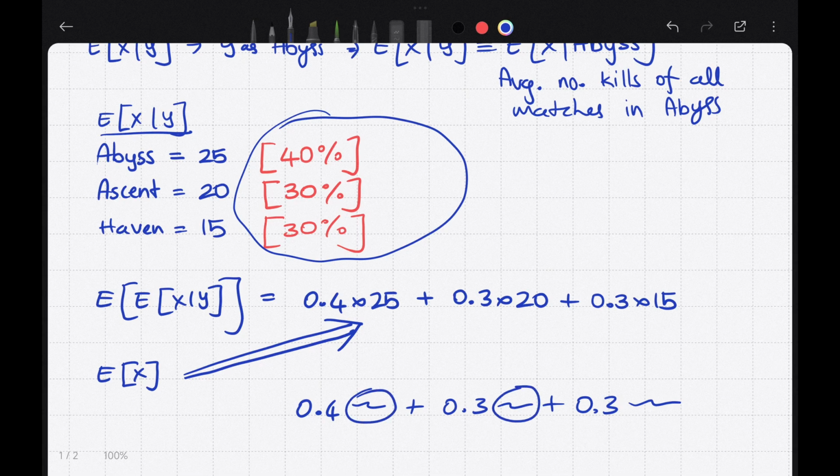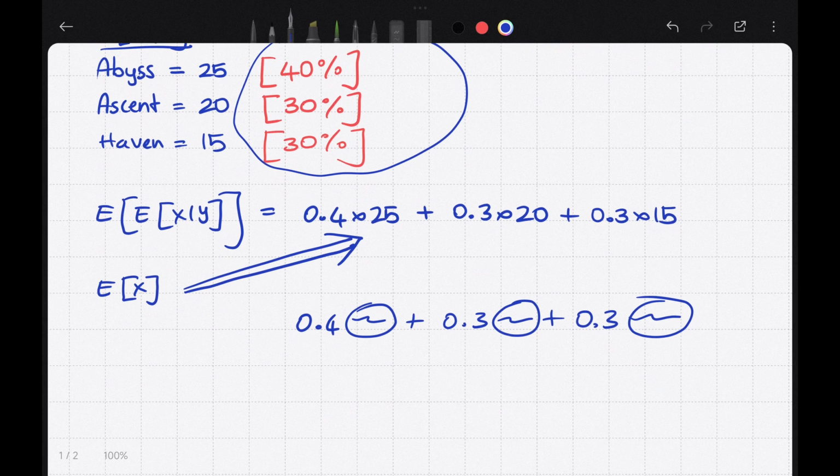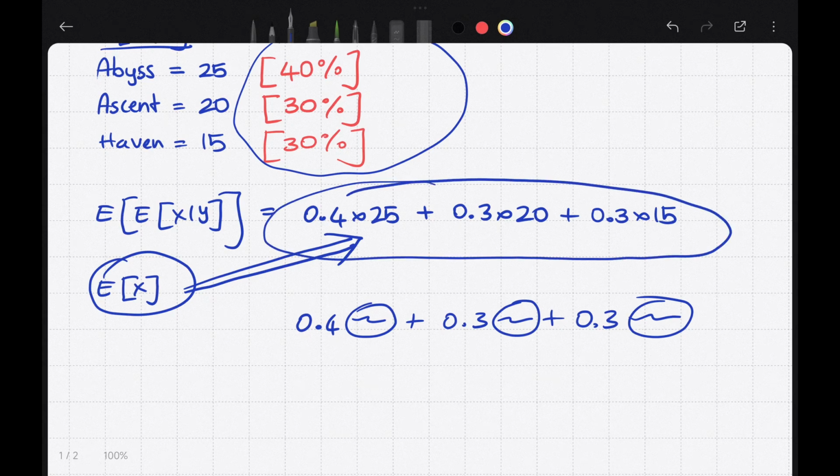And what will these somethings be? That will be basically the average number of kills in that specific map, right? So pretty much that is what we are looking for when we calculate E of X, and that is the same for the expectation of X given Y.